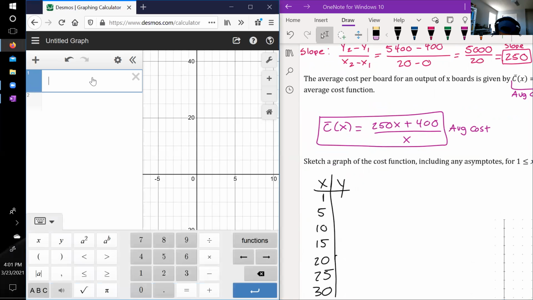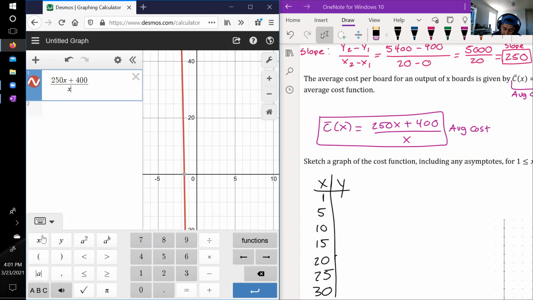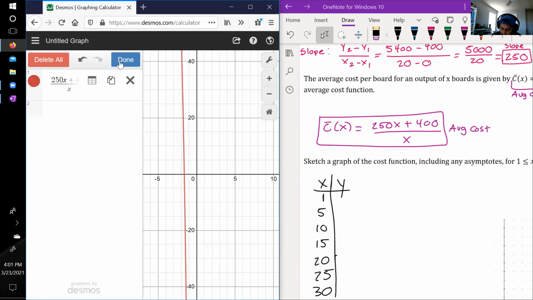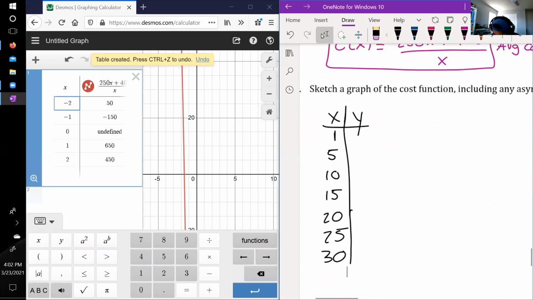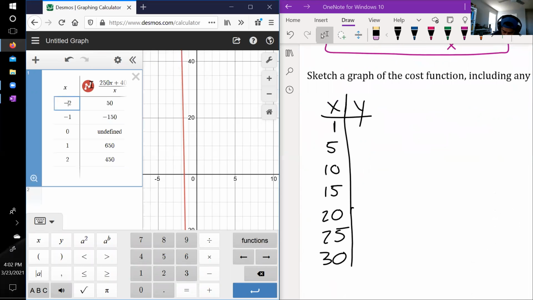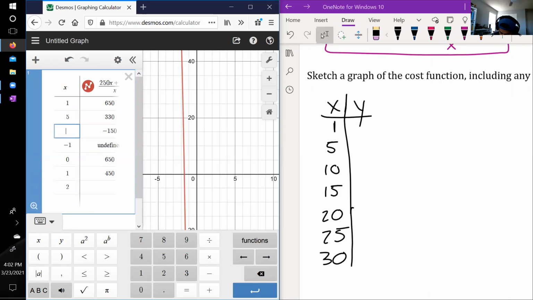So I'm going to put in our average cost function, 250x plus 400 all over X. And then I'm going to use the table feature and type in the numbers that I've written over here: 1, 5, 10, 15, 25, and 30.